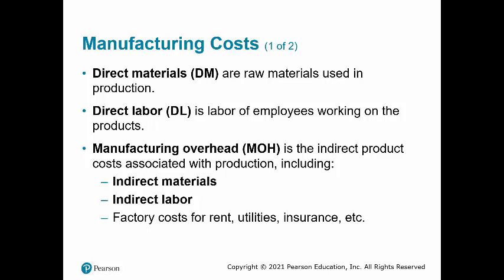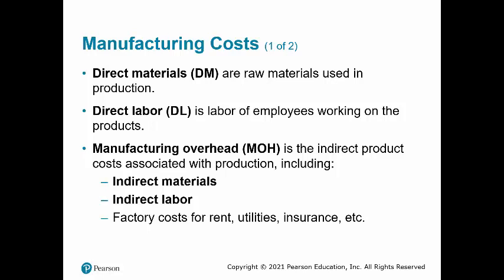Manufacturing overhead refers to all of those indirect manufacturing costs that can't be easily traced to the specific products. These include all of our indirect materials and indirect labor, as well as other things like the rent for our facilities, utilities, and insurance.